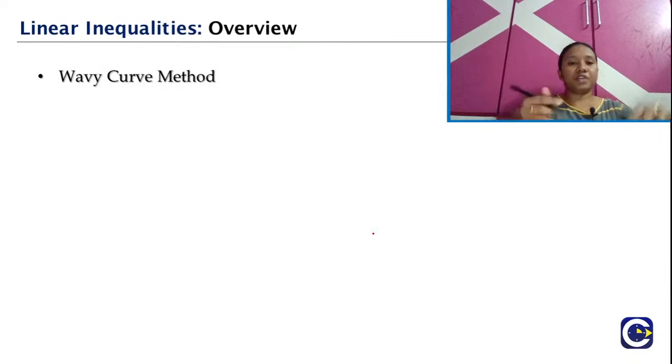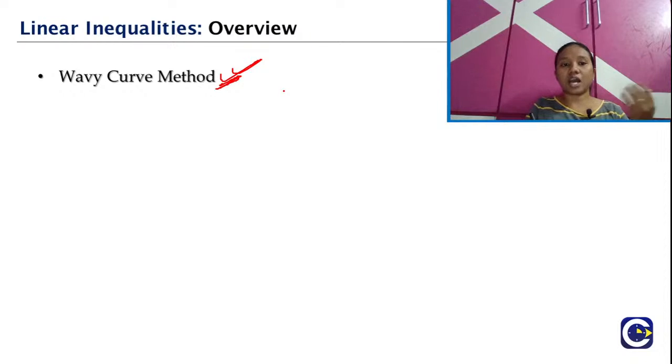In our previous sessions, as I mentioned, the most important method which we have discussed in linear inequalities is the wavy curve method. We first saw what conditions we require to apply this wavy curve method for any given inequality. First we have to check the list of conditions, and after verifying them, we follow the methodology of the wavy curve method to find the solution of the given inequality.